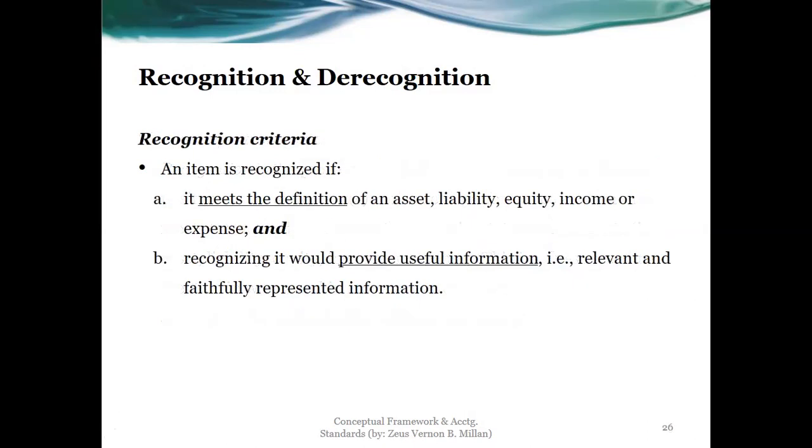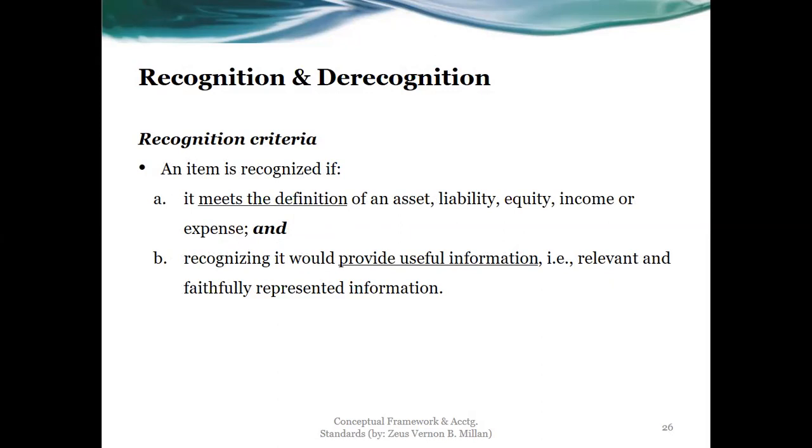Question is, when? There are two criteria, and this is an "and", meaning we have to satisfy both of them. To be recognized, letter A, it should meet the definition of asset down to expense. That is a requirement. So there should be a debit of any accounting element.